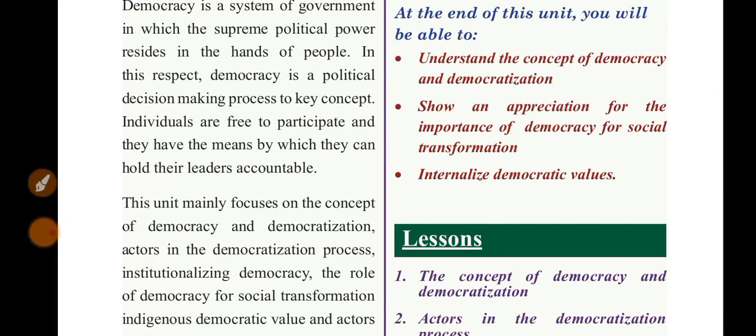Individuals are free to participate and they have the means by which they can hold their leaders accountable. Individuals are free to participate, and in this system they have a way to hold their leaders accountable.